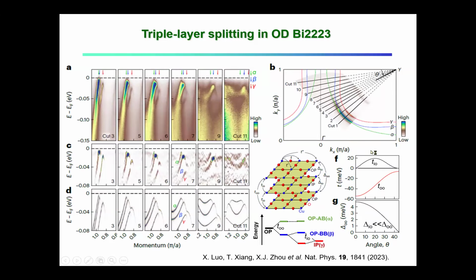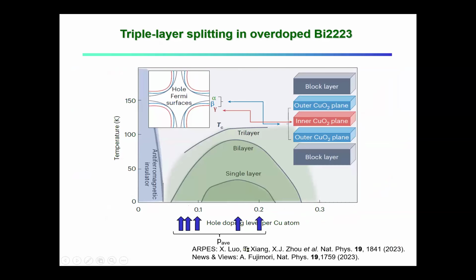If I have a few minutes, let me briefly mention the recent report by Xingjiang Zhou's group, that triple layer three Fermi surfaces have been observed by Xingjiang Zhou and their colleagues. We have studied this composition, but Xingjiang studied an even higher doping level.